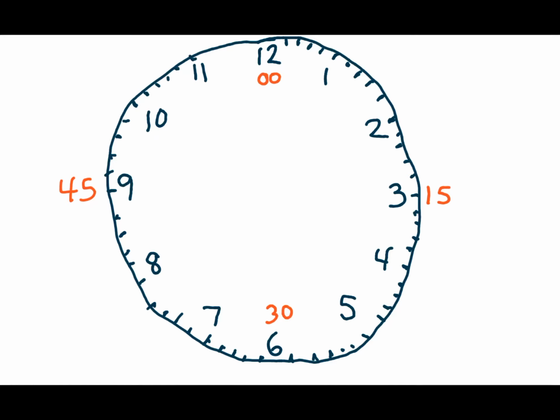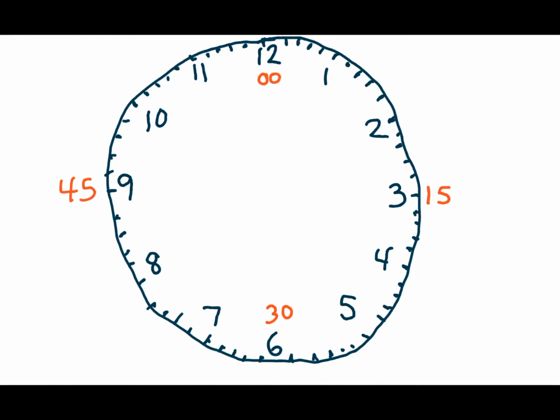When we're at the 11, boys and girls, we're at 55. 56, 57, 58, 59, 60. When we're at the 12, boys and girls, it is 60 minutes. Or that's when we start all over again, and it could be 00 or o'clock.